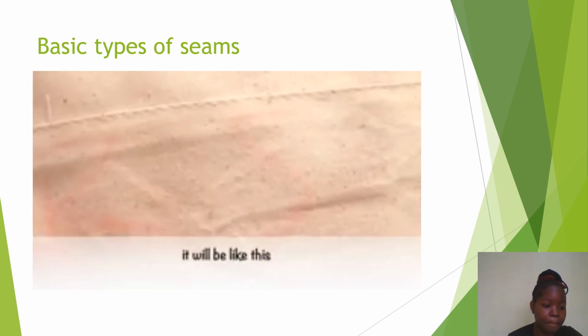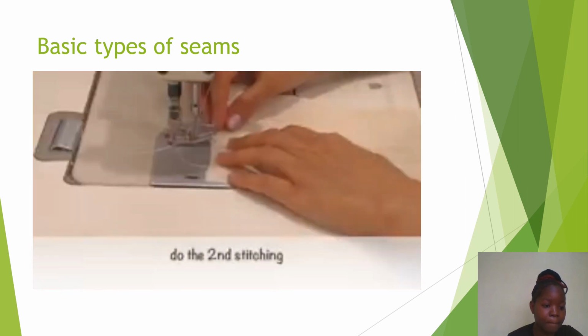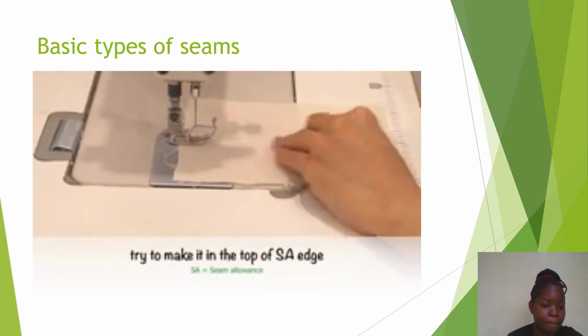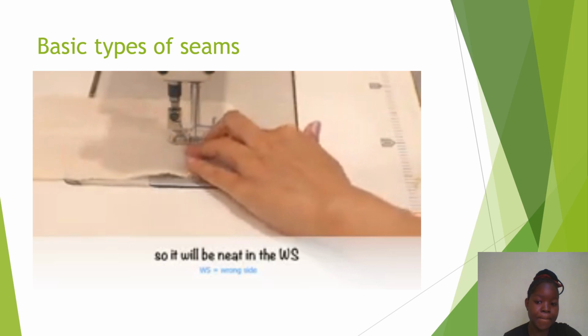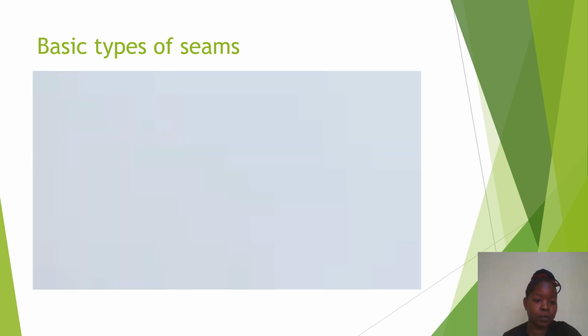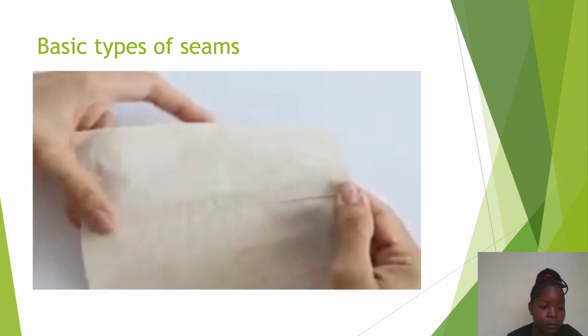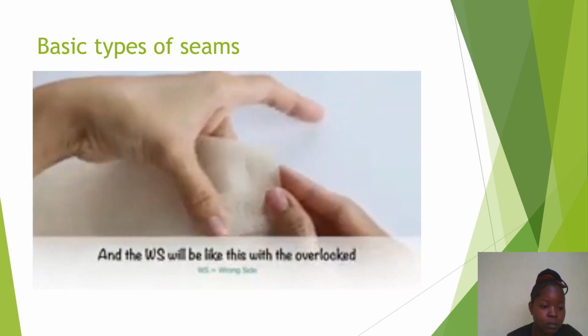The result will be like this. And then do the second stitching. Try to make it on the top of the seam allowance edge, so it will be neat on the wrong side. The result from the right side is like this, with two top stitchings. And then the wrong side will be like this with overlock.